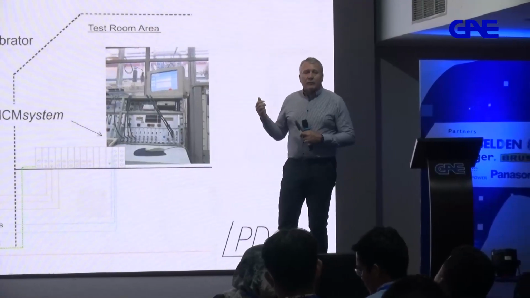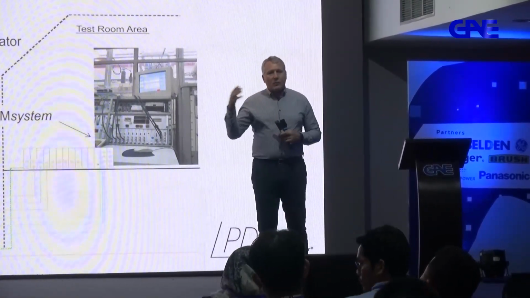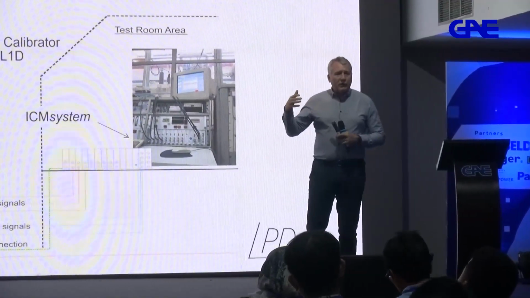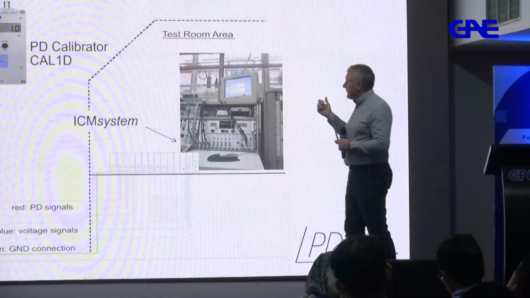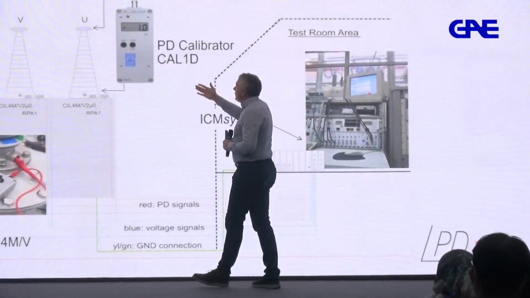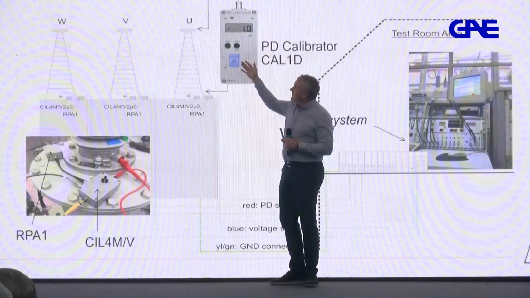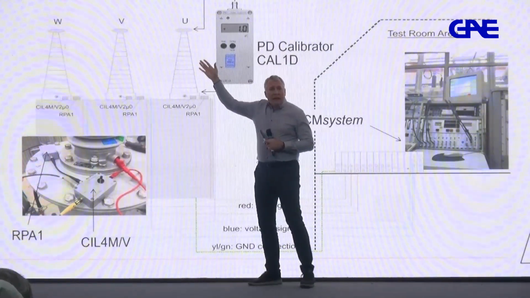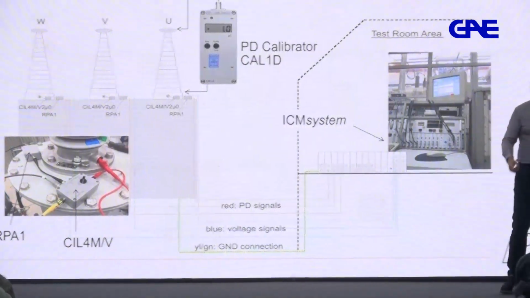Okay? Now, of course, in order to understand and compare partial discharge information from one transformer to another, from one bushing to another, it's very important to calibrate the measurements. So in other words, to issue, let's say, a known quantity of picocoulombs at the top of the bushing and calibrate the measurement system to that value.